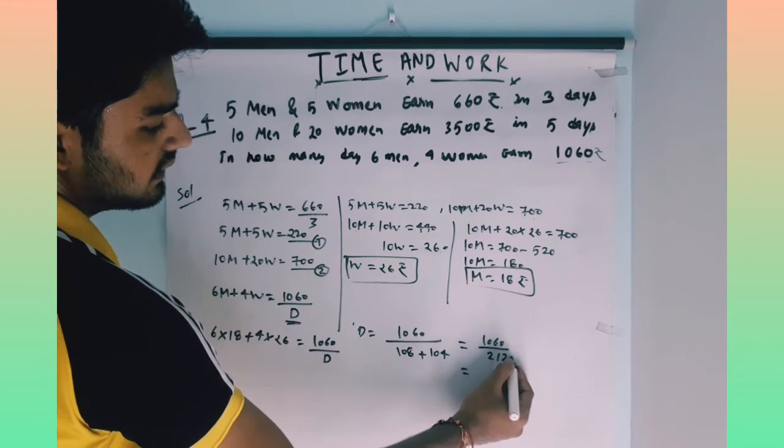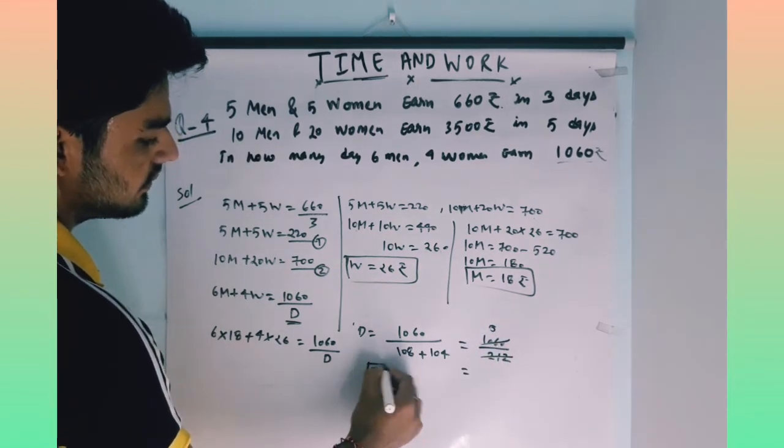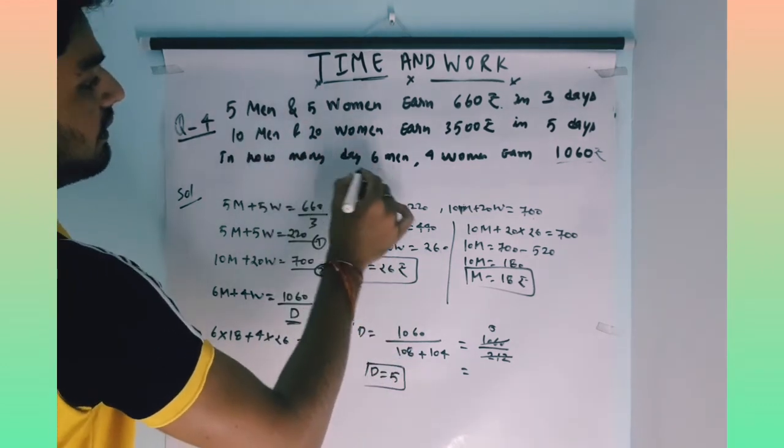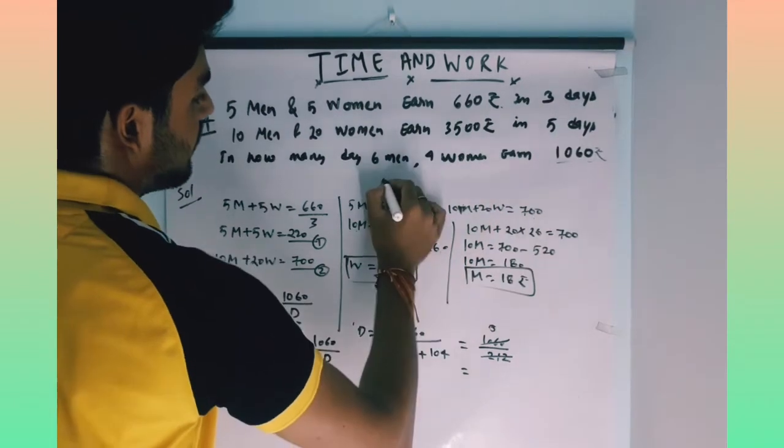On dividing, this gives 5. So D is equal to 5. So in 5 days, 6 men and 4 women earn 1060 rupees.